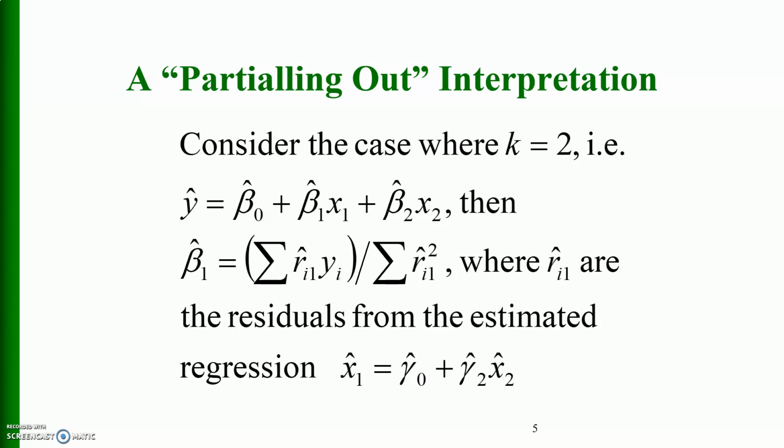Consider the case where k is equal to 2, then we have this model, and beta 1 hat is equal to summation ri1 hat yi divided by summation ri1 hat square, where ri1 hat are the residuals from the estimated regression.